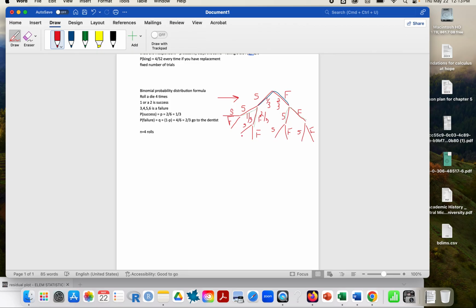Now that we're on the third layer, we could have had success, success, success. We could have had success, success, failure. We could have had success, failure, success, and so forth. Now we're going to go to our fourth layer. Because it's a binomial, because there are two options, we're always working with this V that pops off of each possible previous pattern.